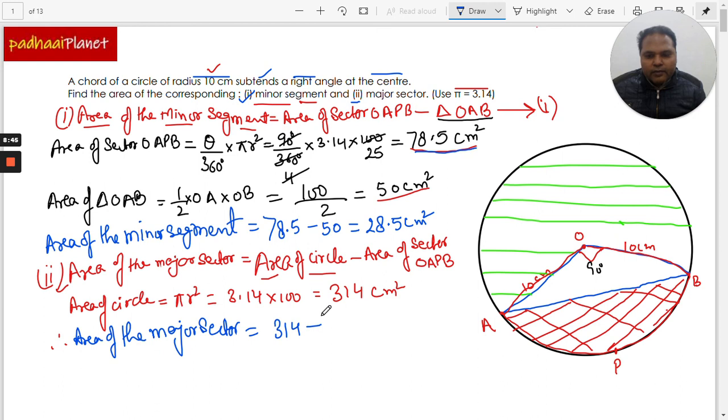So we write 78.5, and I think I again need the help from my calculator, so I'm just going to do that quickly. So that's 314 minus 78.5 and we get 235.5 square centimeter, right? So that's the answer of the question, and I hope you could understand it and enjoyed it.